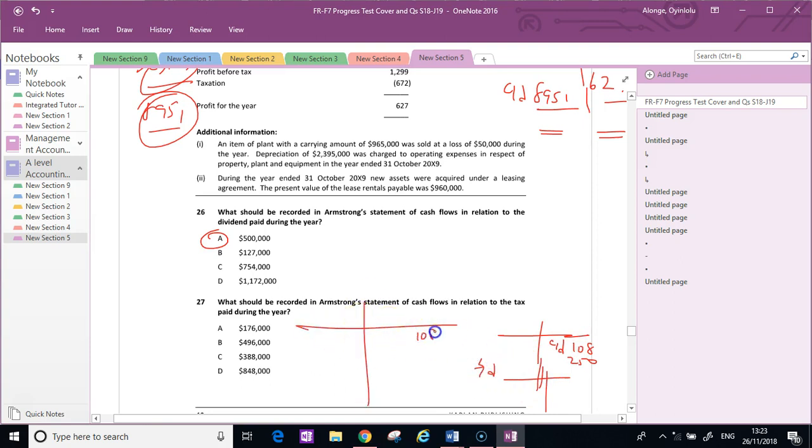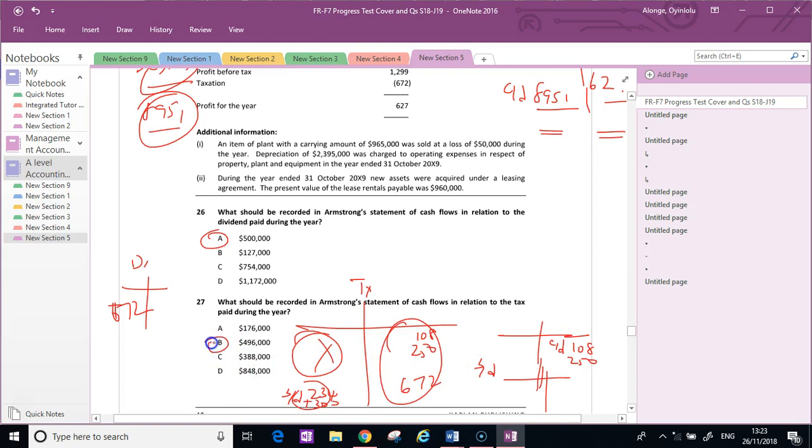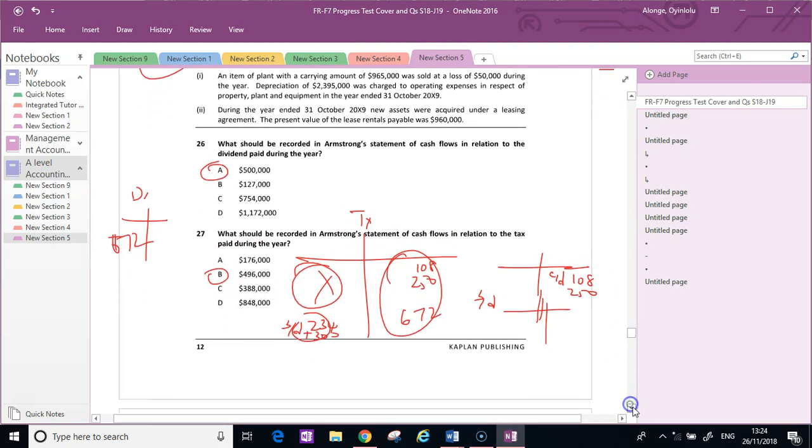So I have 108 and 250, and I'm told that the brought down figures are 234 and 300. And then I'm told the tax for the year is 672. So it's definitely debit tax of 672, credit, if you like, the tax liability. So we must have paid the difference there. And when you do all these three minus this, you arrive at 496. At 496. Right, and that's B.